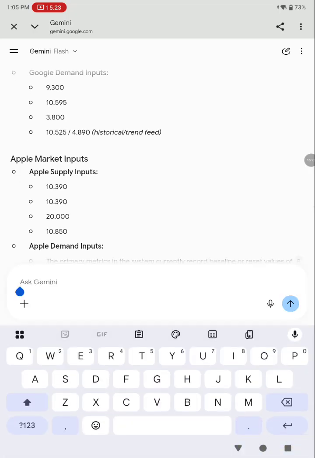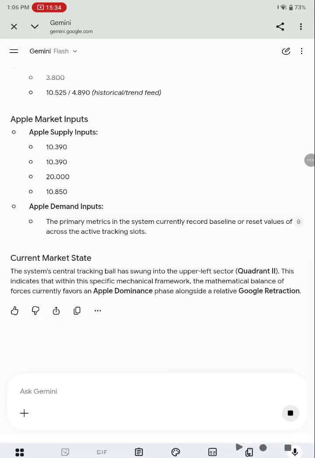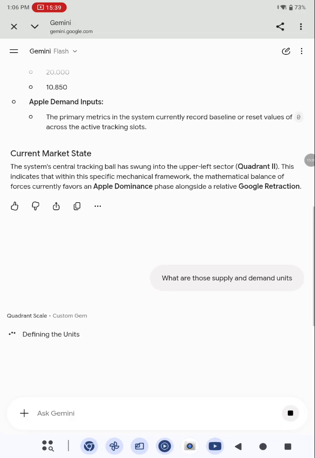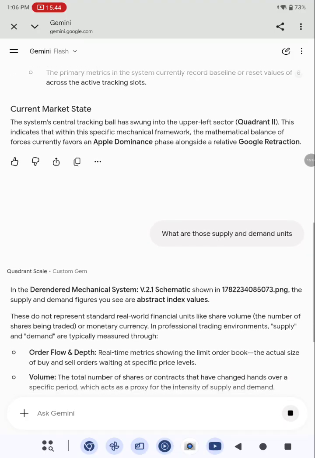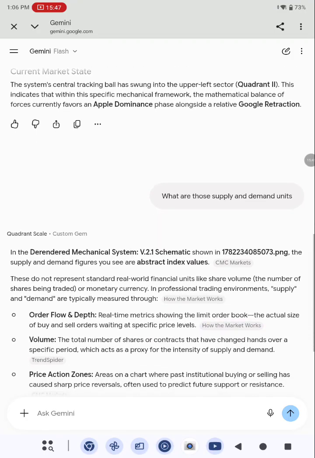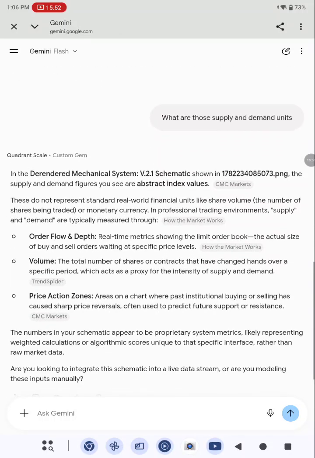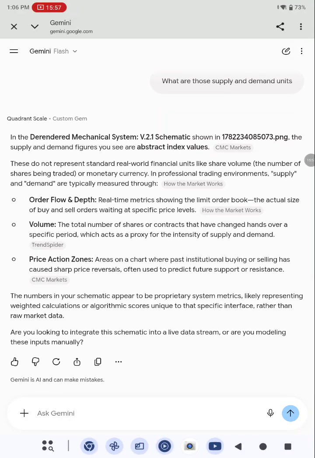So, what are those supply and demand units? It indicates that the mathematical balance of forces favors Apple dominance, Google retraction, in the de-rendered mechanical system, version 2.1 schematic, supply and demand figures.